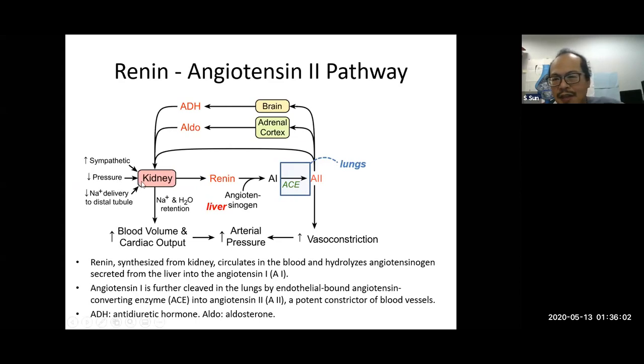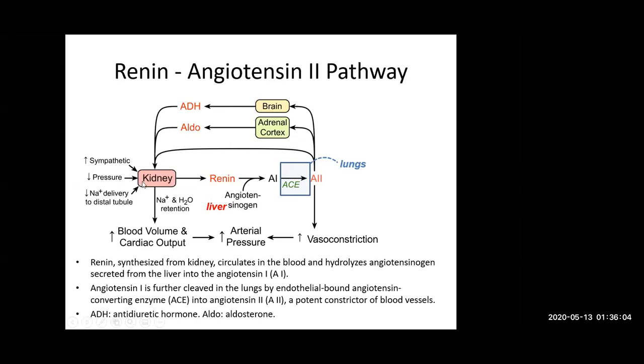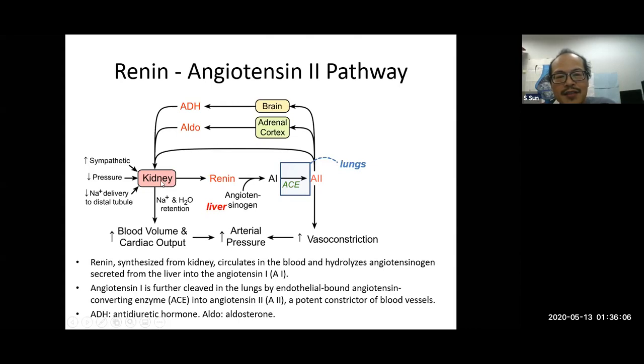We have gone over this graph so many times. Either low sympathetic activity, low pressure, or low sodium delivered in the distal tubule, measured by the macula densa, will trigger the kidney to release renin. The cells that release renin are the juxtaglomerular cells.